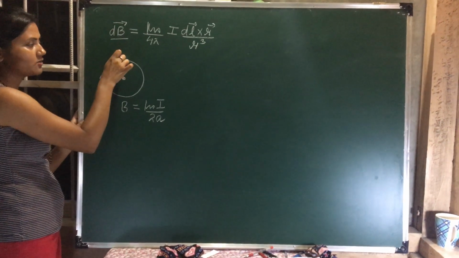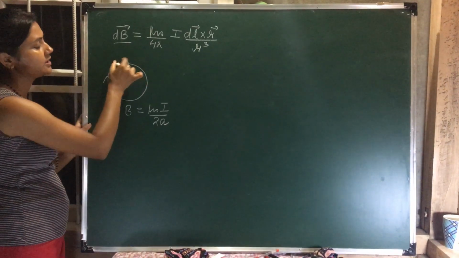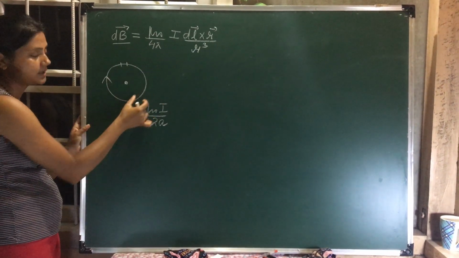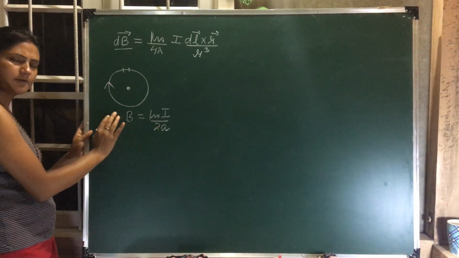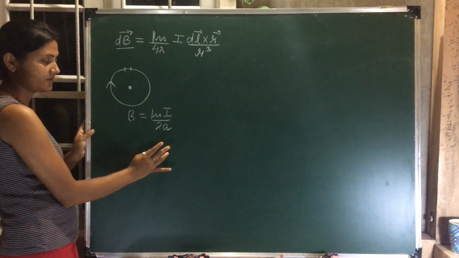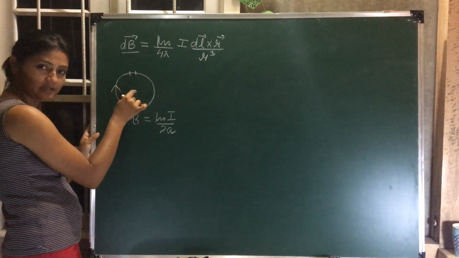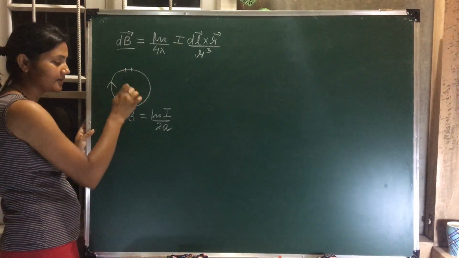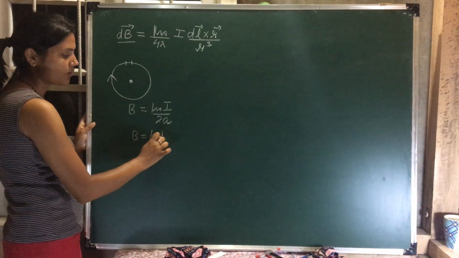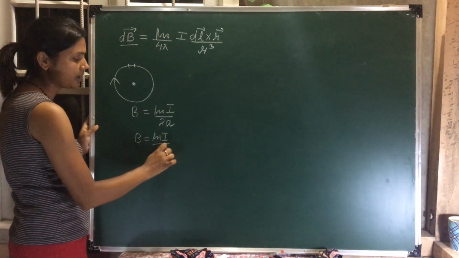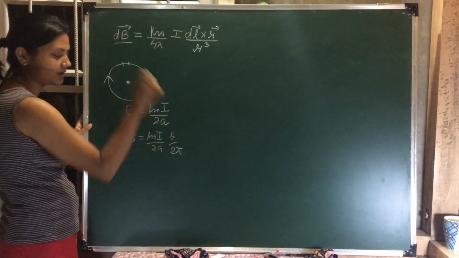Here also we had used the Biot-Savart law at the elemental section, then we did for the whole wire, and that way we did it, right? Then we had generalized for any wire to find the magnetic field at the center. The expression is given by what? Mu 0 I by 2a theta by 2 pi. This much we have learned.